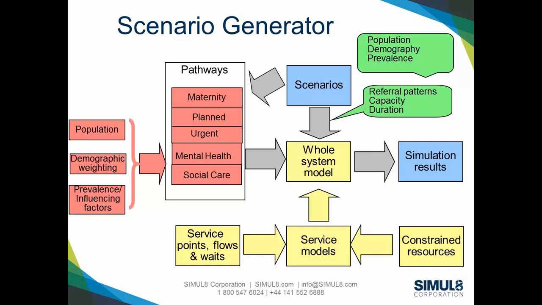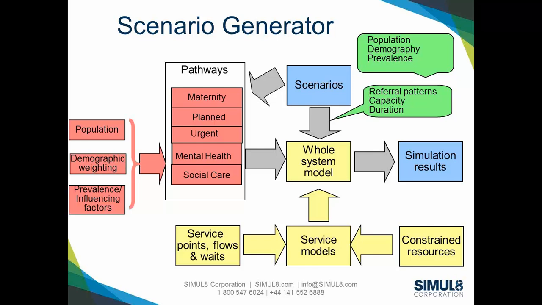So you can put in your population, your disease prevalence data, and we've uploaded that from the Royal College of GPs annual prevalence survey, so it's covering the whole of the ICD-10 range, and that then populates a set of pathways. So we have 5 generic pathways in Scenario Generator.